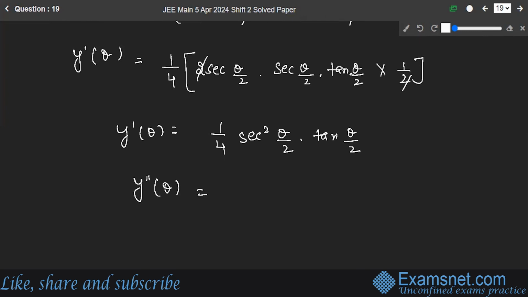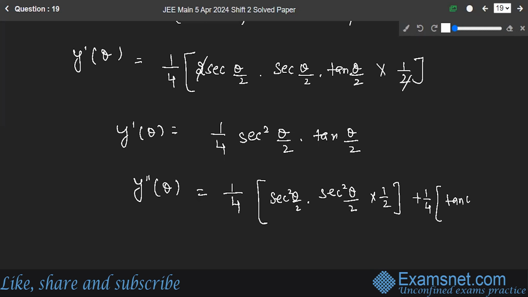Let's go on to find the second derivative of y. This is 1 by 4, first function into derivative of second. So first function, secant square theta by 2, into derivative of tangent, that is secant square theta by 2 into the coefficient of theta, which is 1 by 2, plus 1 by 4, second function into derivative of first.